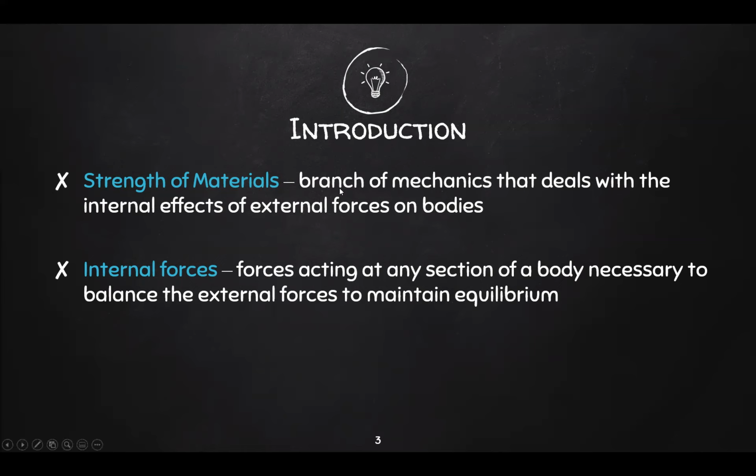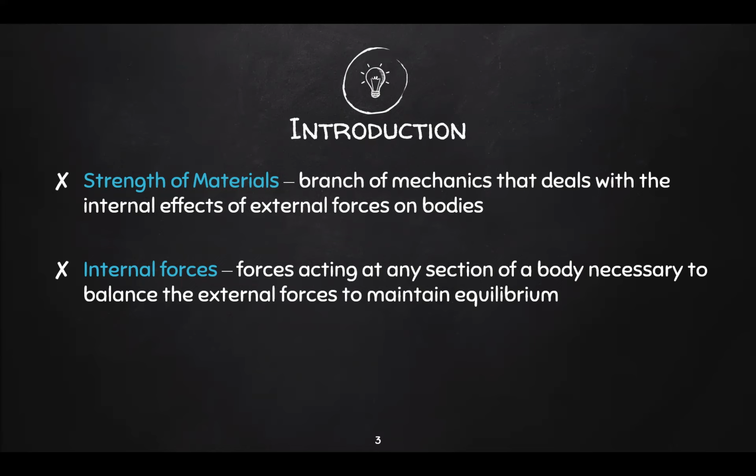Strength of materials is a branch of mechanics that deals with the internal effects of external forces on bodies, where internal forces are the forces acting at any section of a body necessary to balance the external forces to maintain equilibrium. In your statics of rigid bodies, we only discussed the external effect of forces. Now we're going to discuss the internal effects of forces.